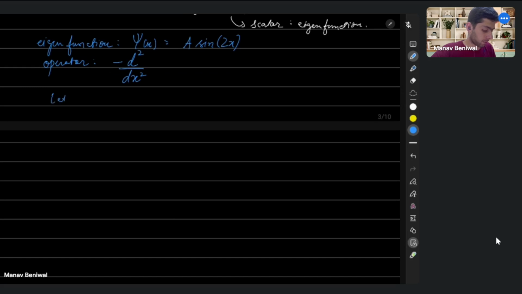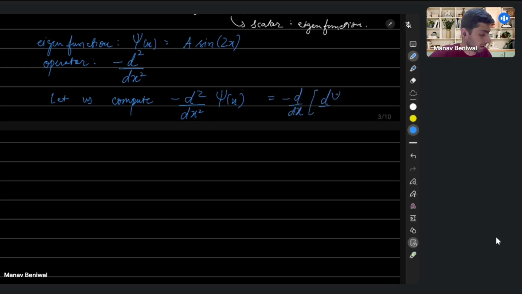So let us compute the value of this thing. We can write this as d by dx of d psi by dx.